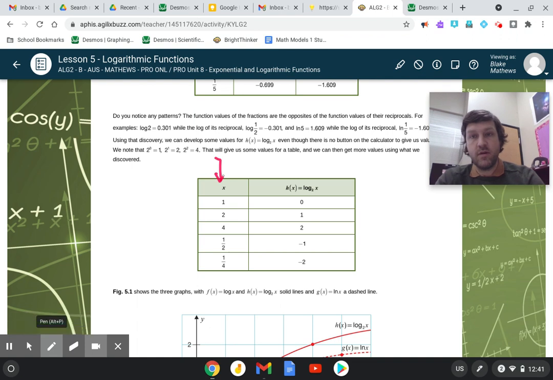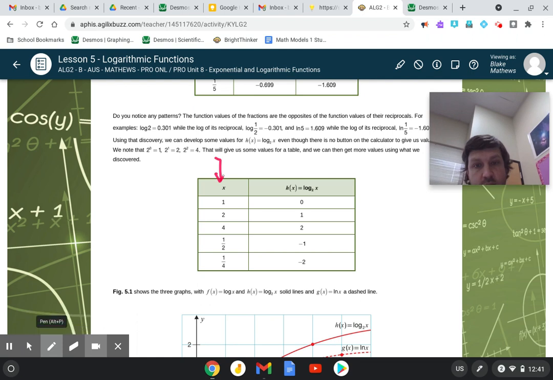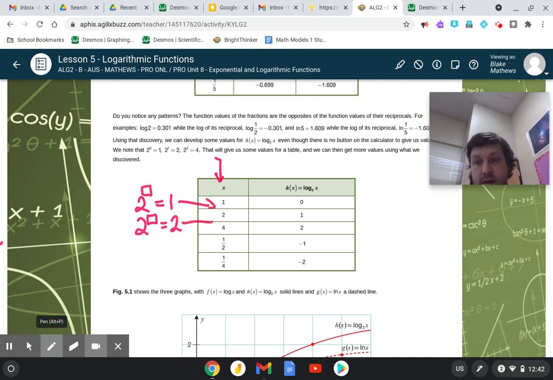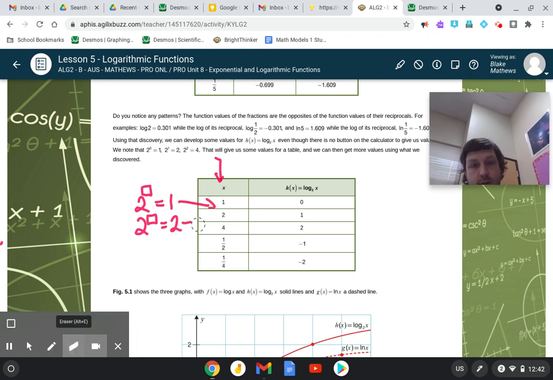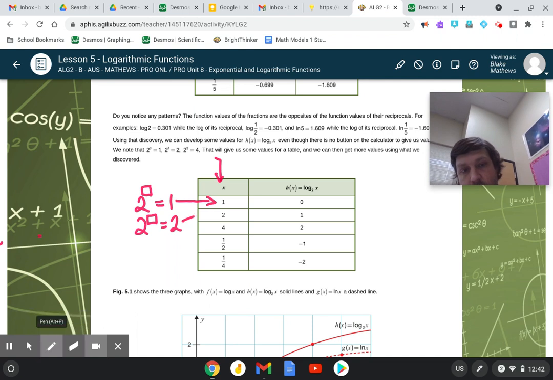So in other words, the question being asked here is the following: 2 to what power gives me 1? And then 2 to what power gives me 2? That's what's happening here and there.